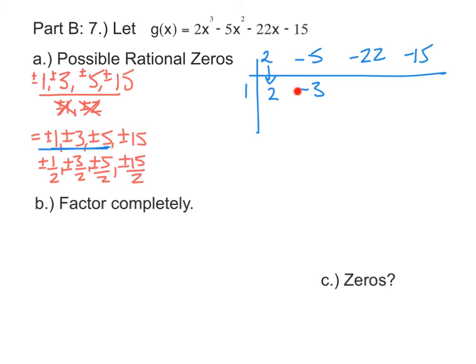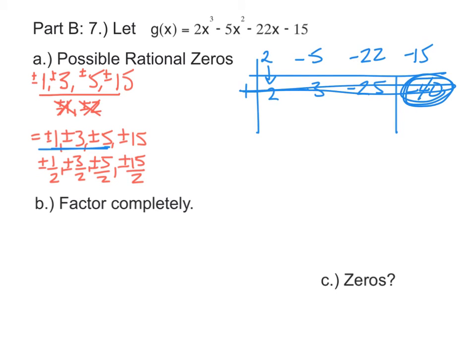So we're going to multiply and add again. -3 times 1 is -3. -3 plus -22 is -25. Then our last term, when we take -25 times 1, we get -25. Adding it to -15, -25 plus -15 is -40. Since this last term, the remainder, is not equal to 0, that means that 1 is not a zero of g of x. So we skip it and move along our list.